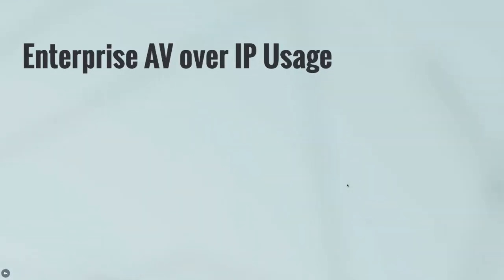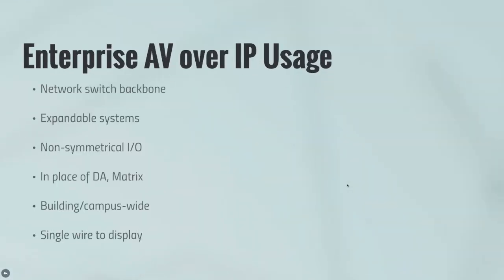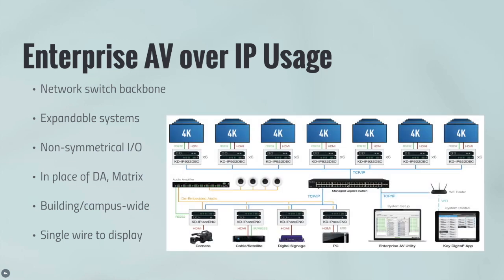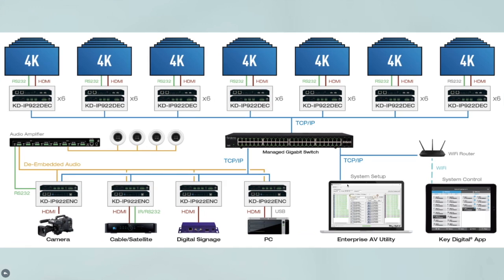So speaking of one encoder per source and one decoder per display, that's essentially it. You're able to create completely expandable systems with AV over IP. You could install today a system that, as we see here, has 4 video sources and each block of displays representing 6, 12, 18, 24, 30, 36, 42.